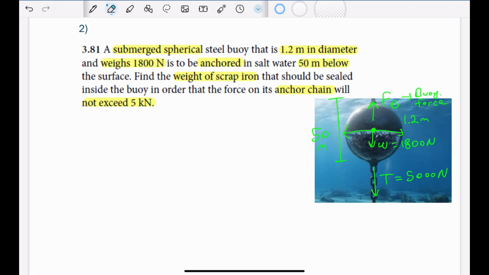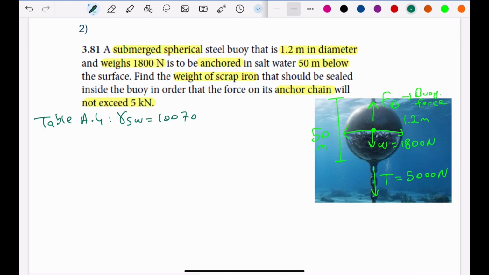So from table 8.4, the specific weight of seawater, salt water, is equal to 1,007 Newton per cubic meter.